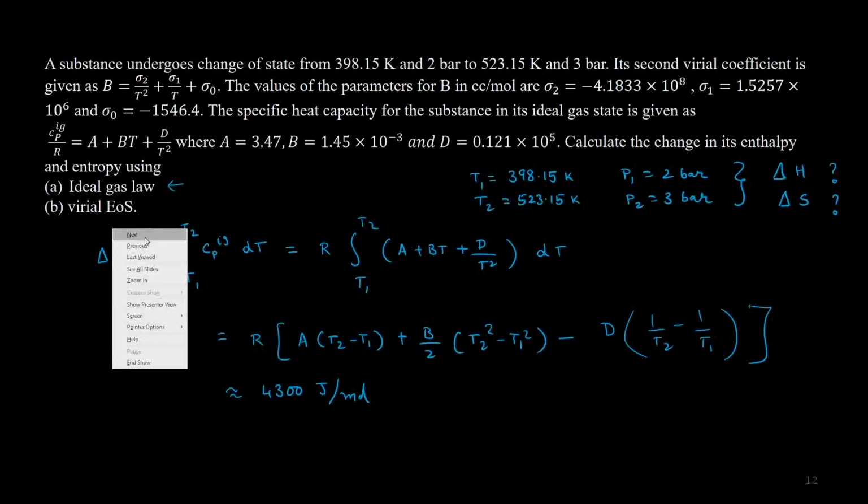So the ideal gas value is fairly easy to calculate if I know the ideal gas specific heat capacity, because enthalpy depends only on Cp ig, or temperature in this case. If I'm interested in calculating the entropy change for an ideal gas, recall the expression. It's going to be the integral from T1 to T2 of Cp ig by T dT minus R ln P2 over P1.